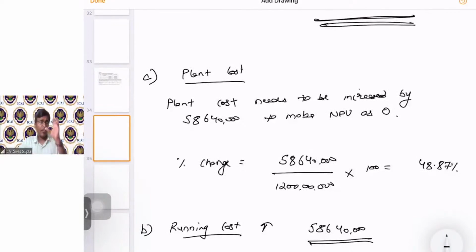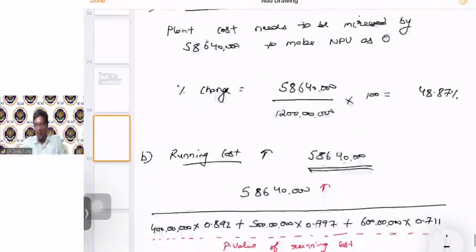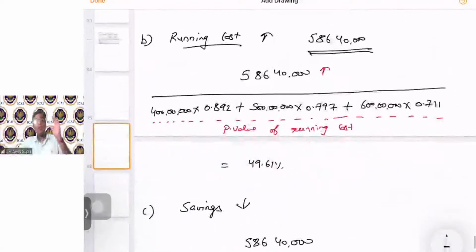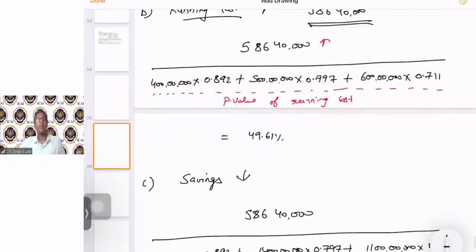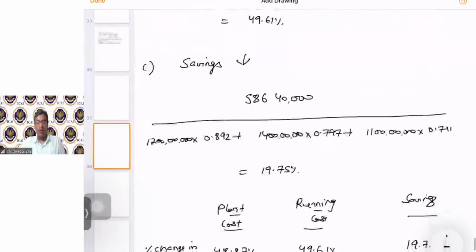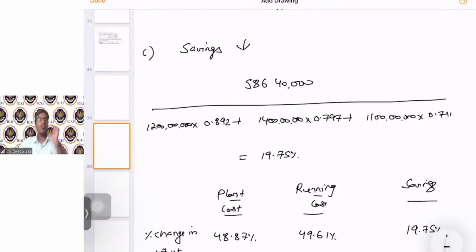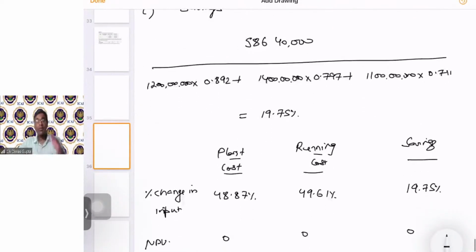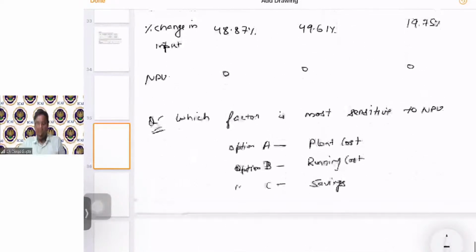If we are only going to change plant cost, then plant cost needs to increase by 48.87%. If you are only going to increase the running cost, it needs to increase by 49.61%. For savings, if we are going to reduce our savings, it needs to be reduced by only 19.75% to make NPV zero in all the three cases. And this is where I land up.